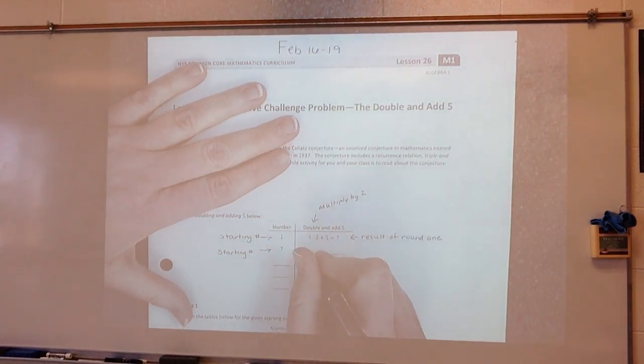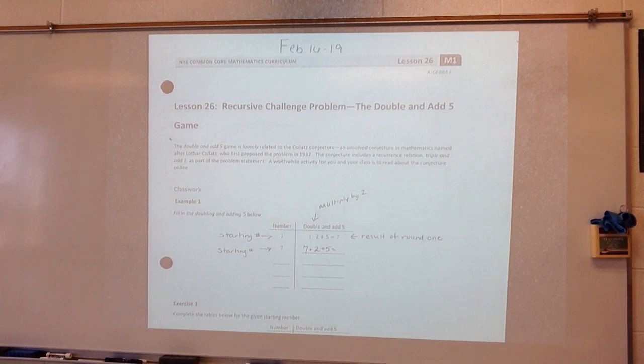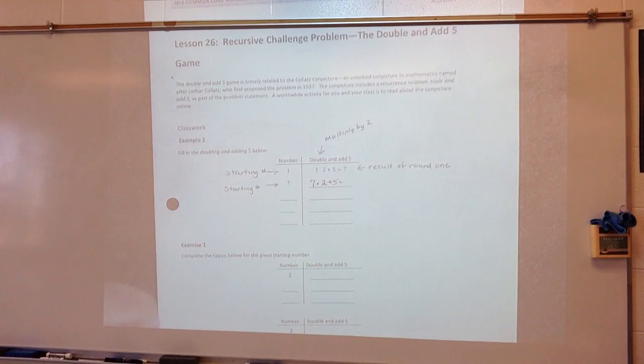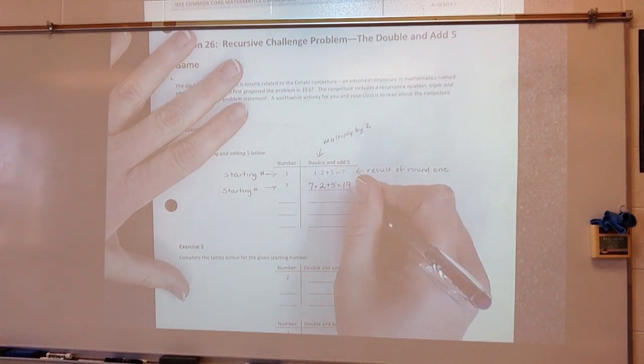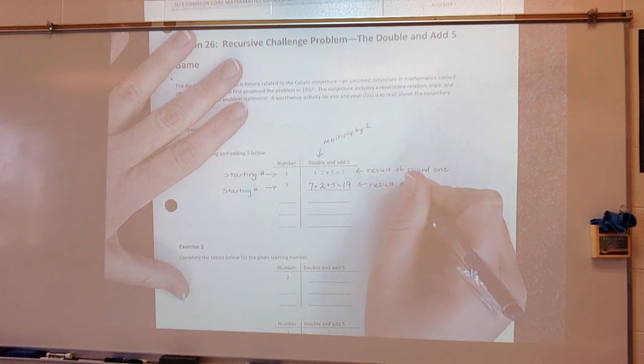So I'm going to double, which means to multiply by 2, and add 5. Guys, remember, I'm going to multiply first. So 7 times 2 is 14. 14 plus 5 is 19. And I get the result of round 2.